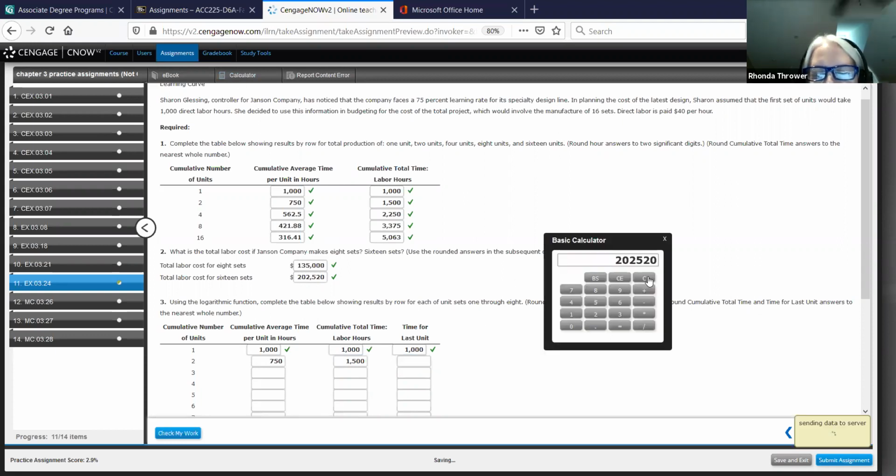So let me pick up my calculator again, show you how we're going to calculate that. We're going to take the cumulative total time that it produces for 2 sets. The cumulative total time and labor hours for 2 sets is 1,500. I'm going to subtract that from the cumulative total labor time that it took to produce 1 unit.